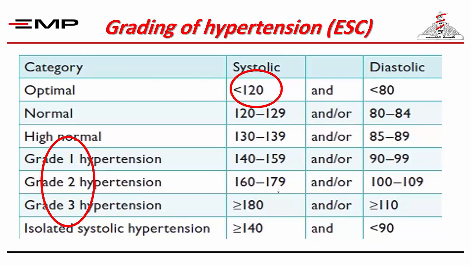Grade 3 hypertension is systolic more than or equal to 180 mmHg or diastolic blood pressure more than or equal to 110 mmHg. Isolated systolic hypertension is the presence of normal diastolic blood pressure less than 90 mmHg and systolic blood pressure more than or equal to 140 mmHg.